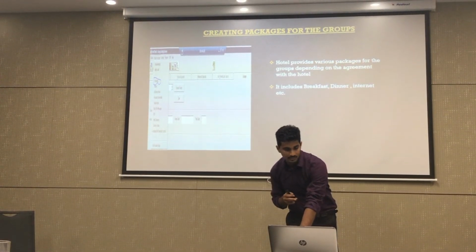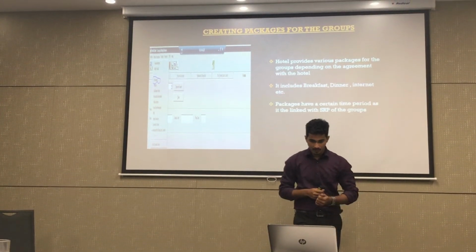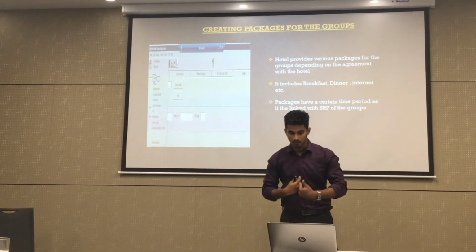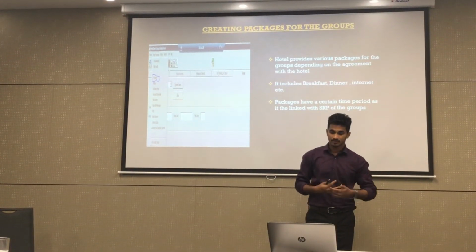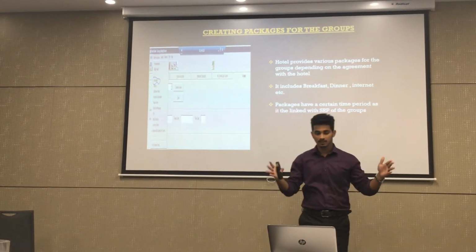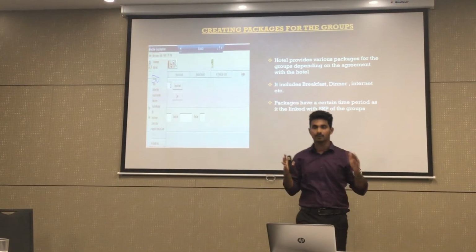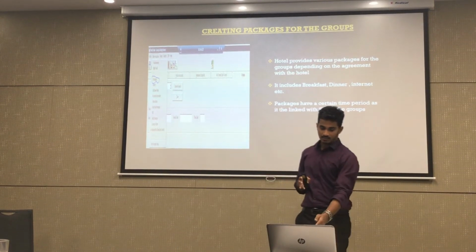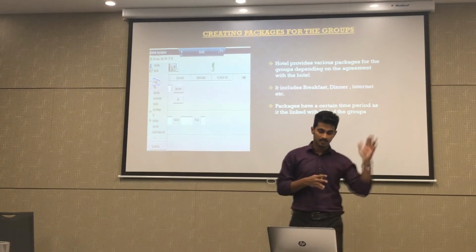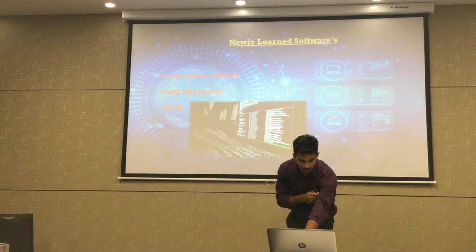It includes breakfast, dinner as well, dinner and internet. Package has a certain time period as it is linked with the SRP of a group. As I said, SRP, the suggested rate plan, it has got a time period. At the same time, the packages will also be linked with the SRP code of a group, which means once the SRP of a group is expired, automatically the package for that group is also expiring.